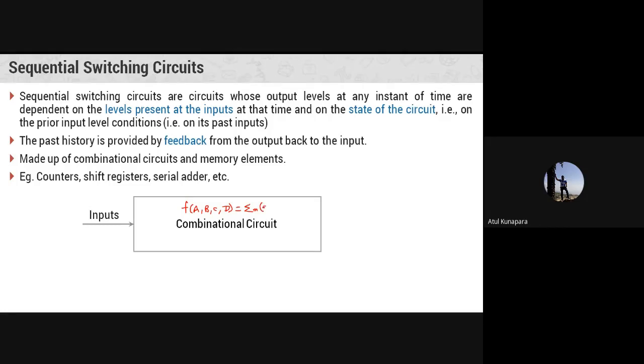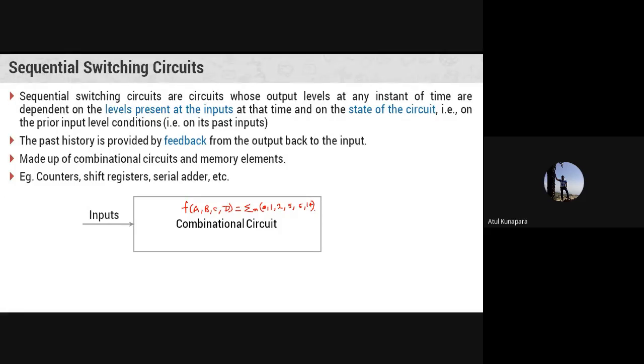Suppose this is the function given to you, right? That's what we learned in our previous chapter. A combinational circuit is implemented by a combination of various logic gates.